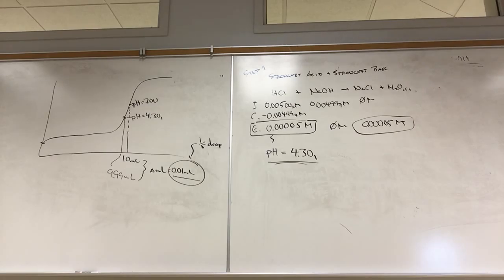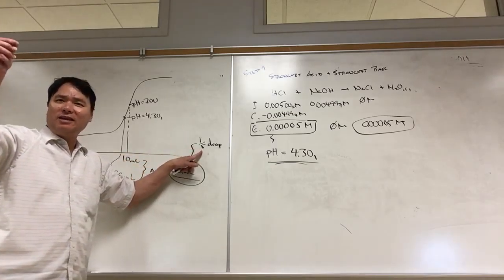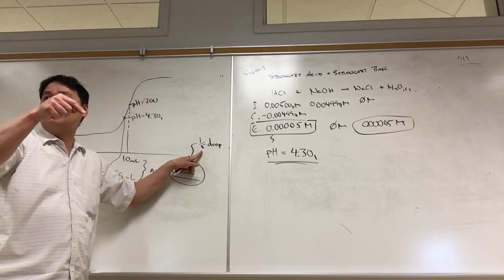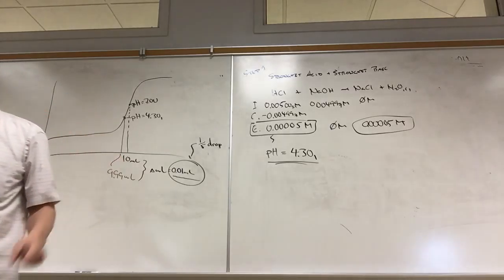That partial drop is not big enough to fall in. You try to tap it in, but it won't drop because it's not big enough. So you grab your squirt bottle and squirt water in there and wash it in. And that works. Maybe you could hang 1/5 of a drop on the tip of the burette and go from pH 4.3 to pH 7.